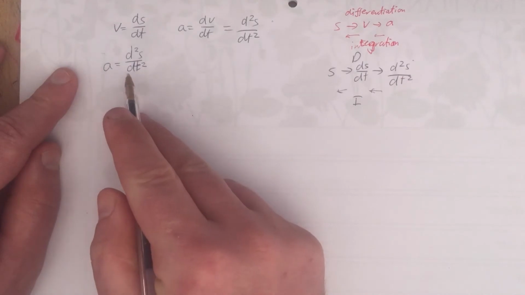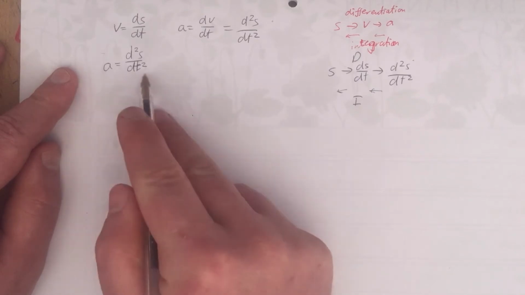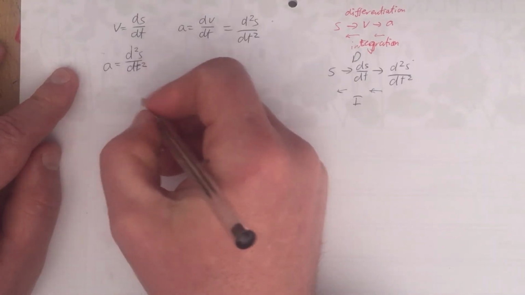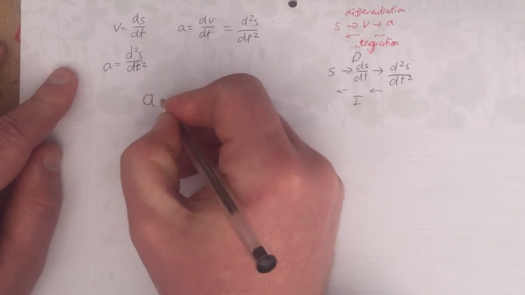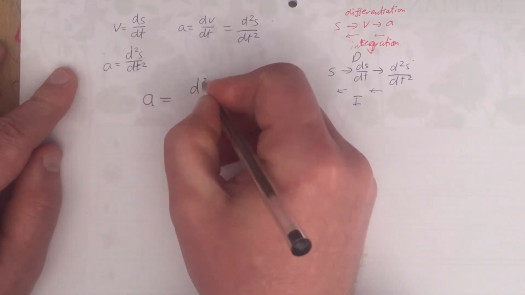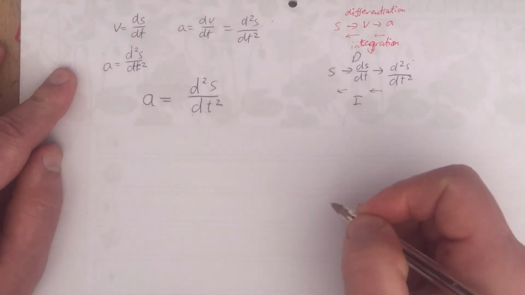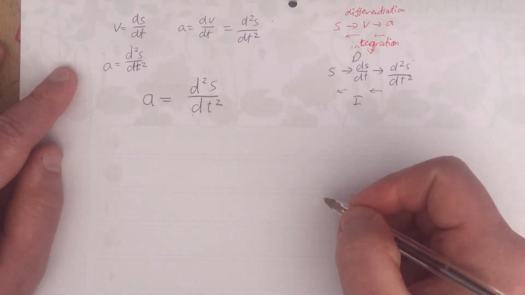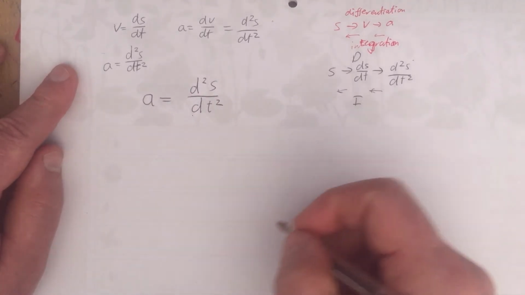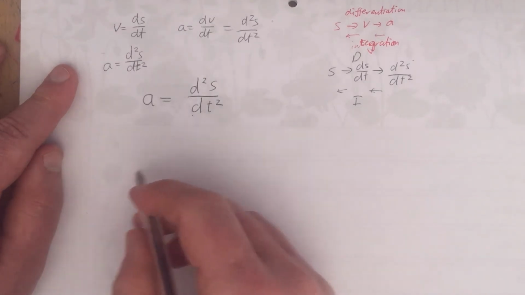So when we integrate this, we're going to start off by writing out the equation as we've got there. I'll write it out a little bit bigger so it's easier to see. So a equals d2s by dt squared. After that, we're going to integrate both sides with respect to t.